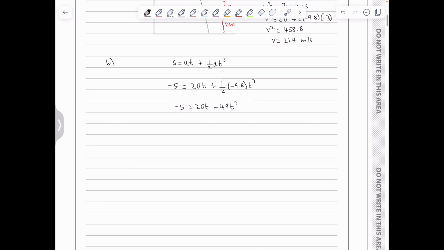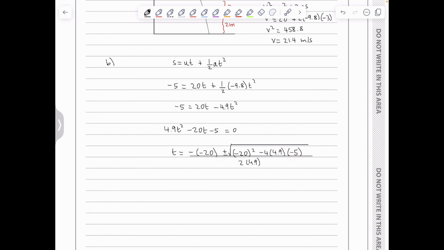I will collect everything on the left hand side to get 4.9t squared minus 20t minus 5 equals 0. And I will be using the quadratic formula to determine the values of t. So t is negative b, that is minus 20, plus or minus the square root of minus 20 squared minus 4ac, all divided by 2a, which is 2 times 4.9.